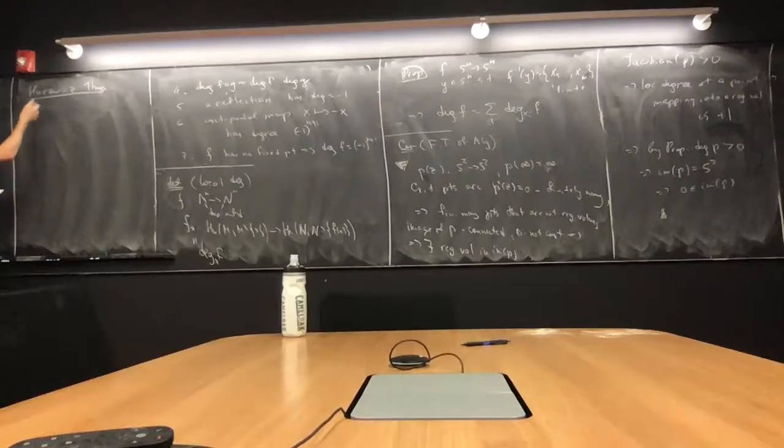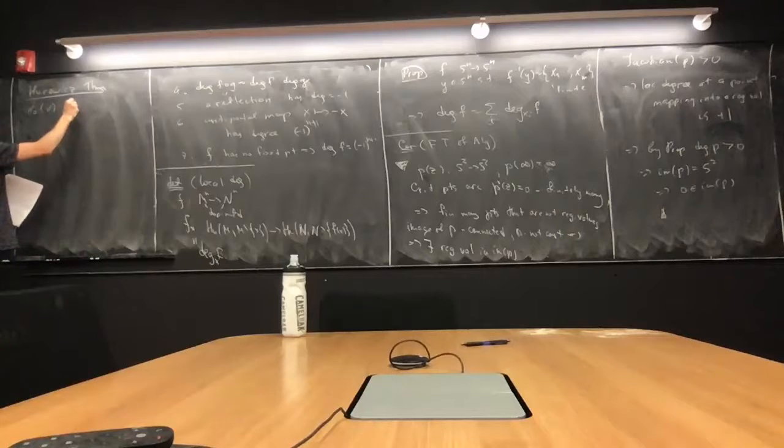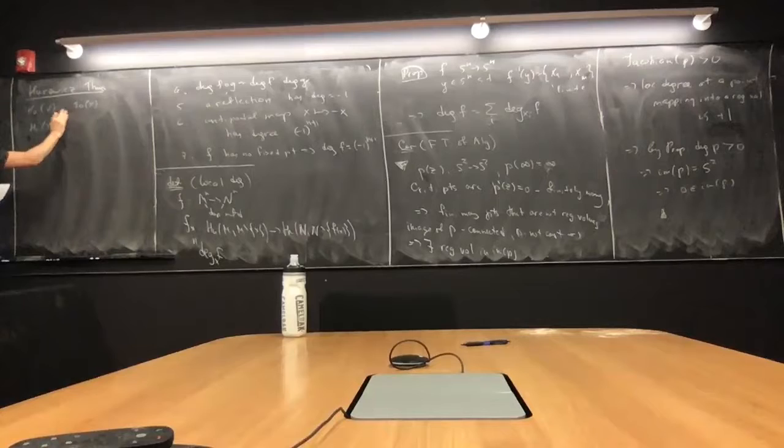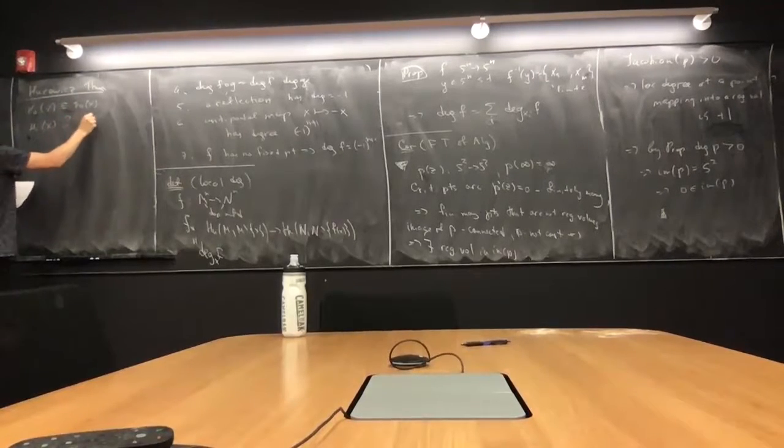So H0 we've already understood, right? Because it's just a free abelian group generated by the connected components of X, which is the same as pi 0 of X, basically by definition. But now H1 of X, how is that related to pi 1 of X?